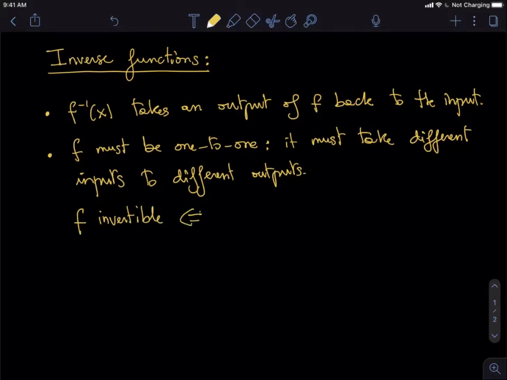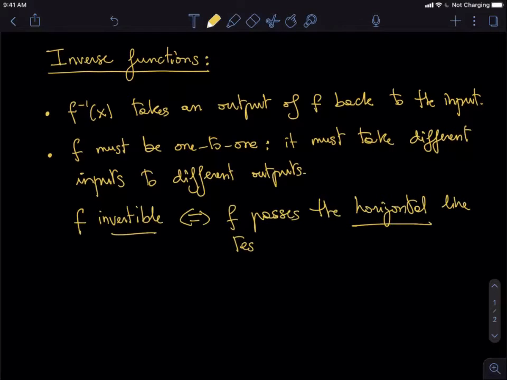So if you want, we can say that f is invertible if and only if f passes the horizontal, not vertical, horizontal line test.